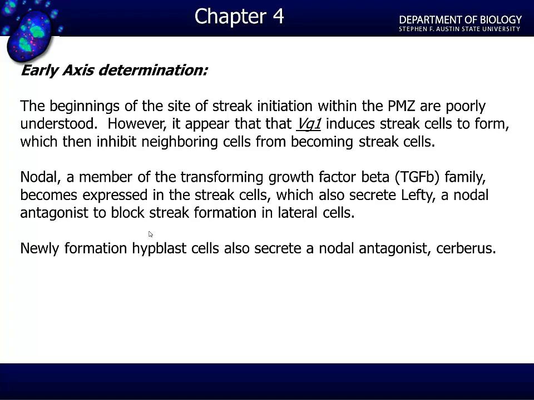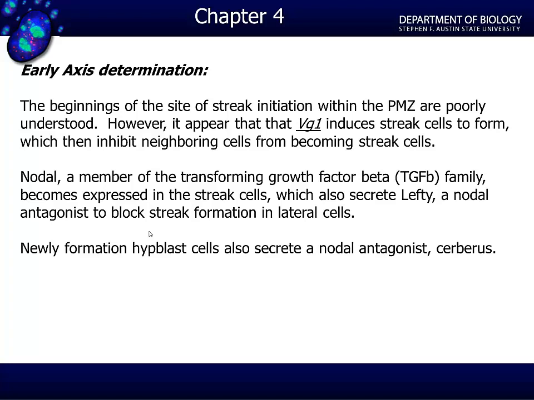Nodal is expressed in streak cells. Lefty is going to be expressed in the lateral cells, and that's going to block the formation of the lateral cells. So nodal is going to cause lefty to be expressed in the lateral cells, and that's going to block their formation. So now we've got the VG1 and nodal being expressed, distinguishing themselves from the cells that are lateral, and this is all happening in this posterior marginal zone.